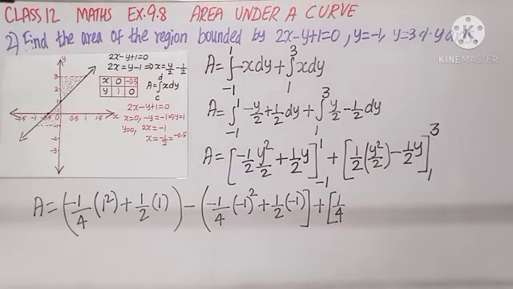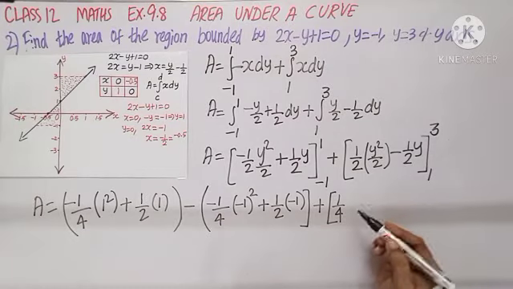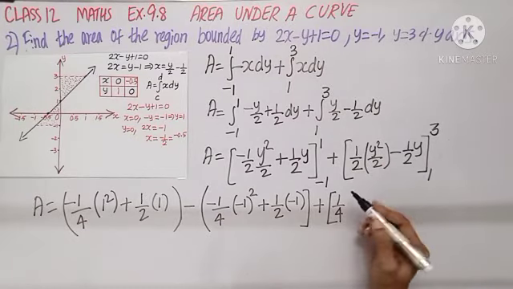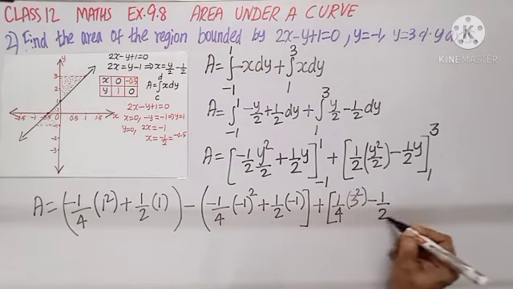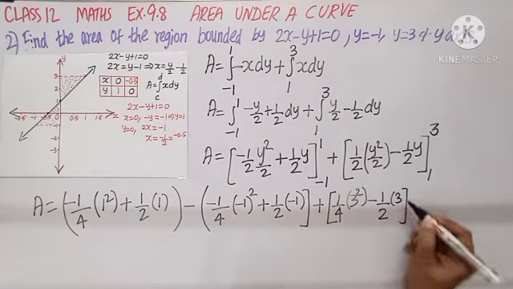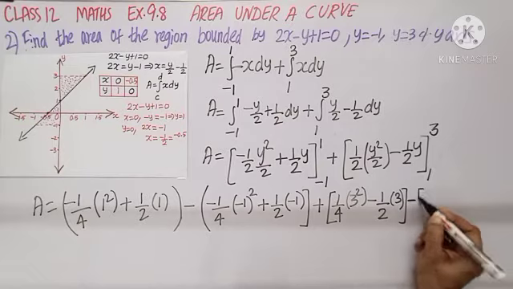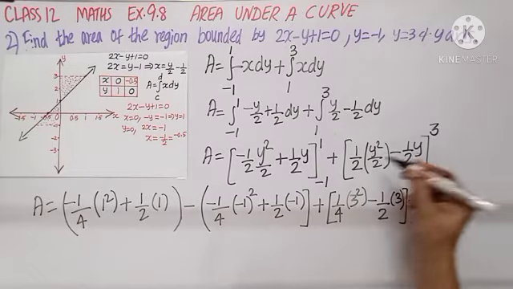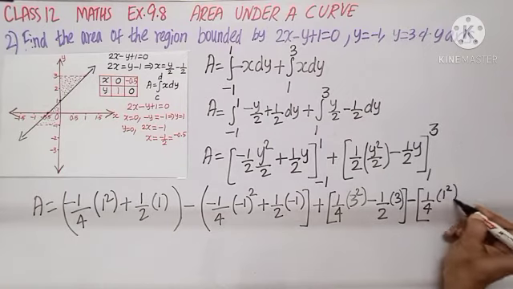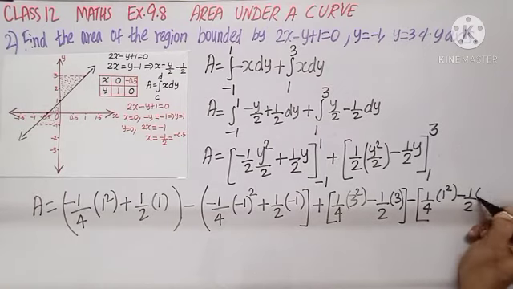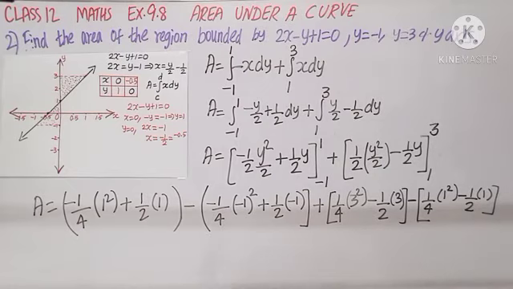Plus, as I put the upper limit 3, 1 by 4 into 3 square minus half into 3. Then minus lower limit, wherever y comes, put 1: 1 by 4 into 1 square minus half into 1.